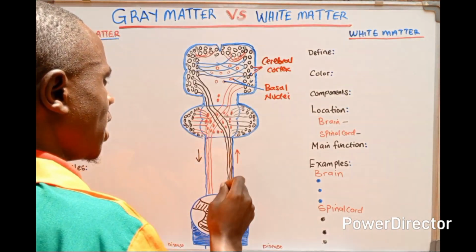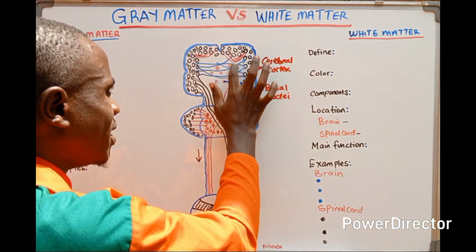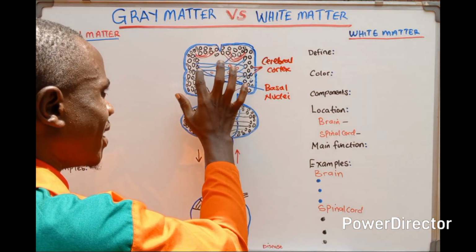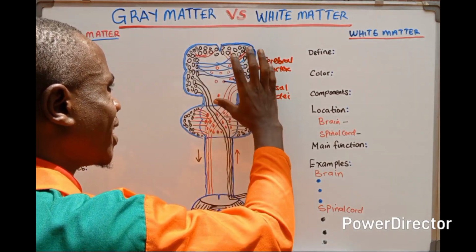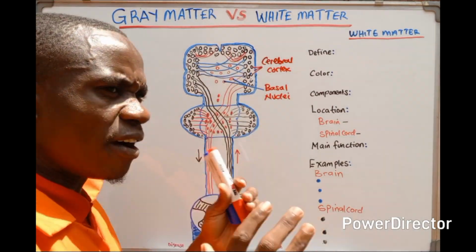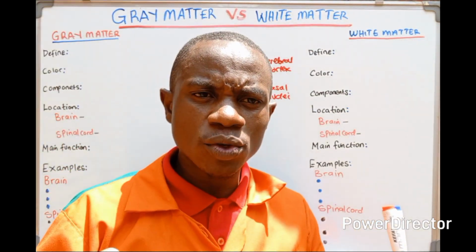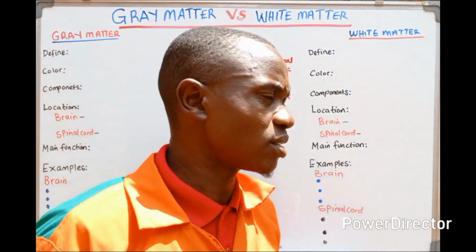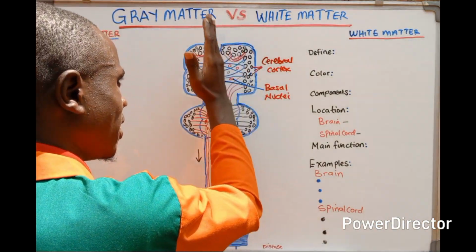Now we also have these bundles of axons which are myelinated, which are going to be connecting the two hemispheres. We have that kind of white matter which is connecting the two hemispheres, for example the right and the left hemisphere.